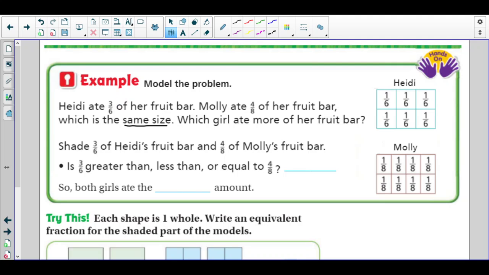Well, I have a little bit more of a luxury here than you do, where I can actually move some pieces around, but we're going to shade 3/6 of Heidi's fruit bar right here. 3/6 right there. And we'll get that one shaded in.